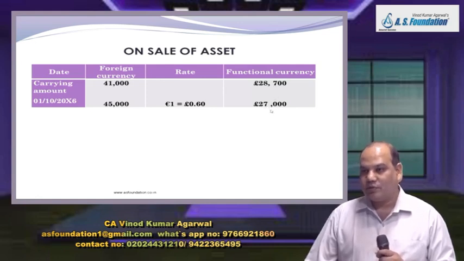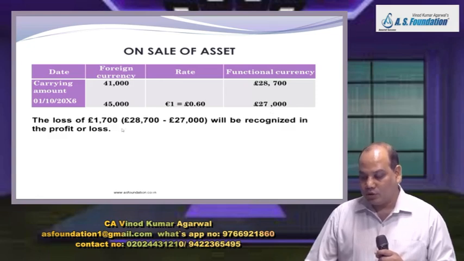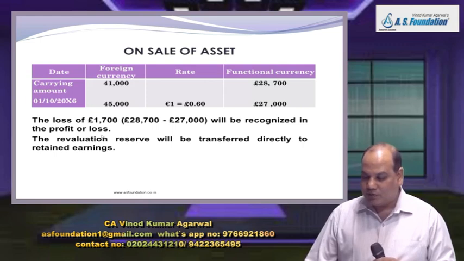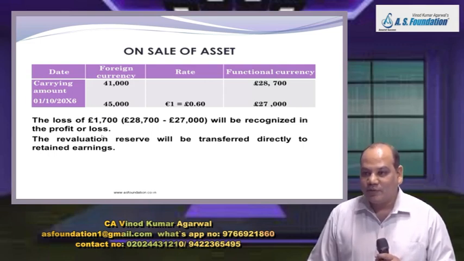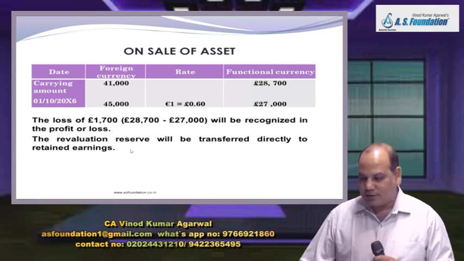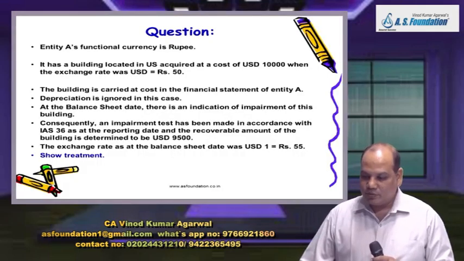Loss or gain on sale? Loss of 1,700 pound, and the loss will be recognized in P&L account. But you have some balance lying in revaluation reserve. Where will you transfer it? To retained earning account on the disposal of that asset. Will you be able to write like this? Yes.